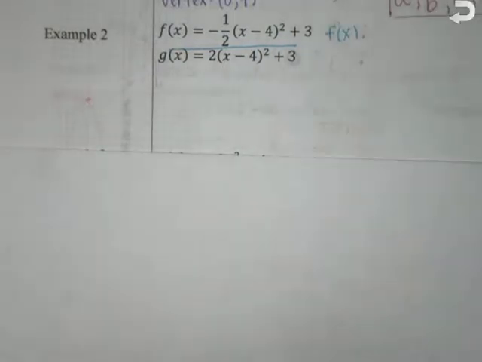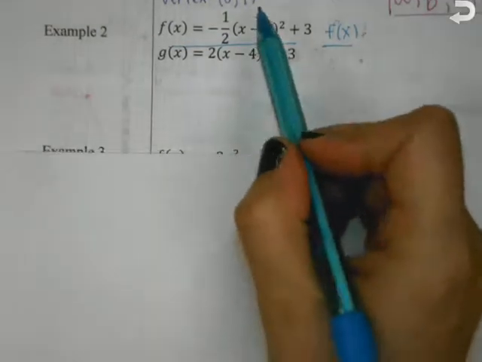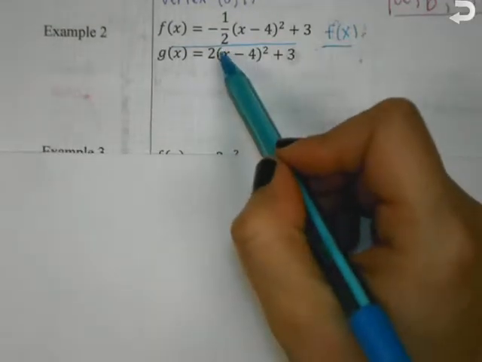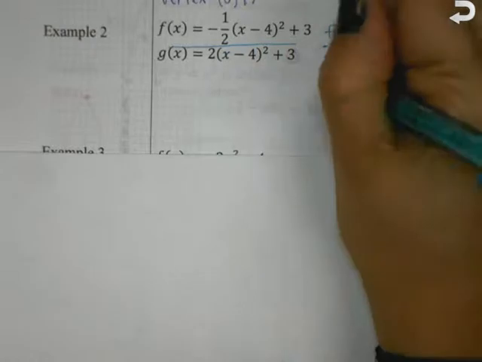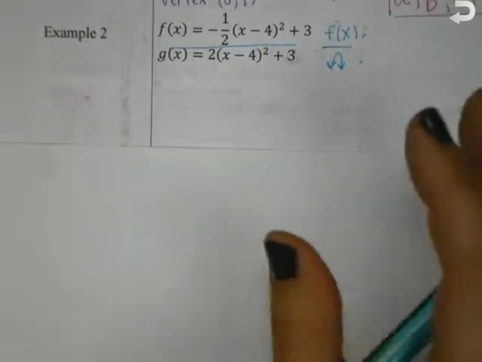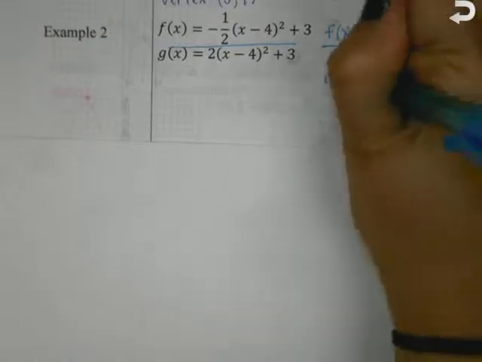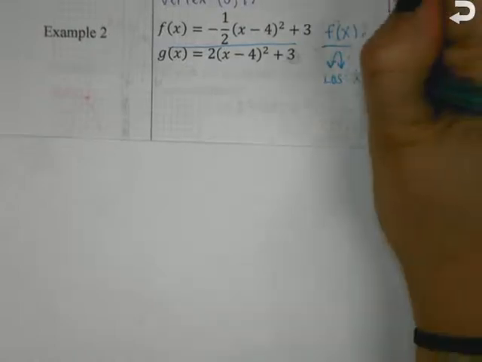So, f of x, is that one opening up or down? Down. What is the line of symmetry? X equals positive 4. What is the vertex?